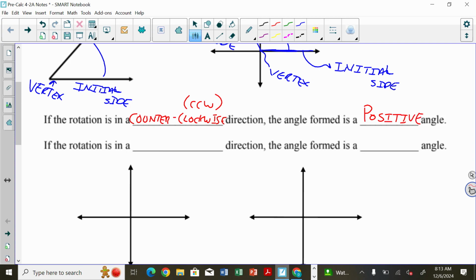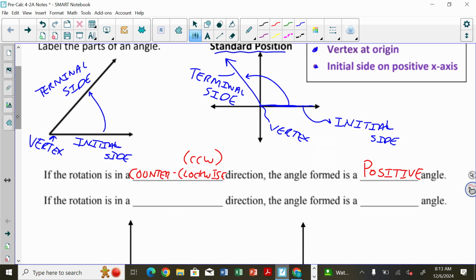Like the example above, we're going counterclockwise, so this would be a positive angle, over 100, say 110 or whatever it is, the obtuse angle.